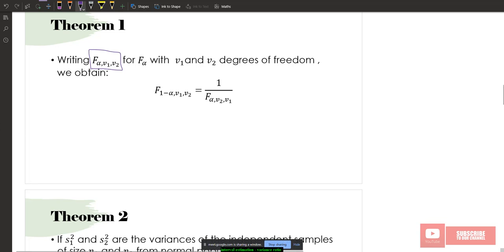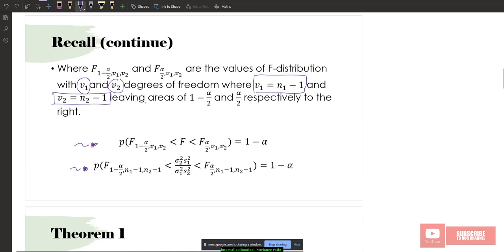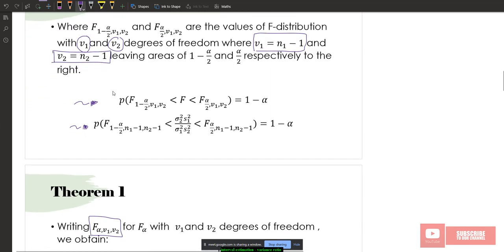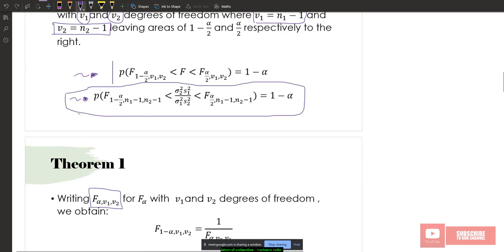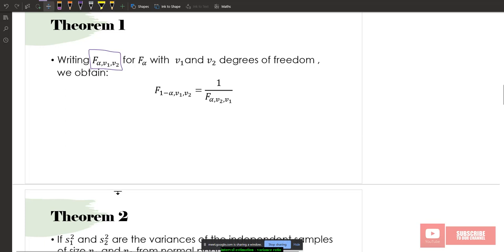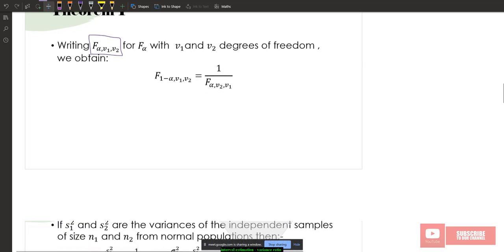So now, from this equation, we can take either one. Let me derive the mathematical equation.